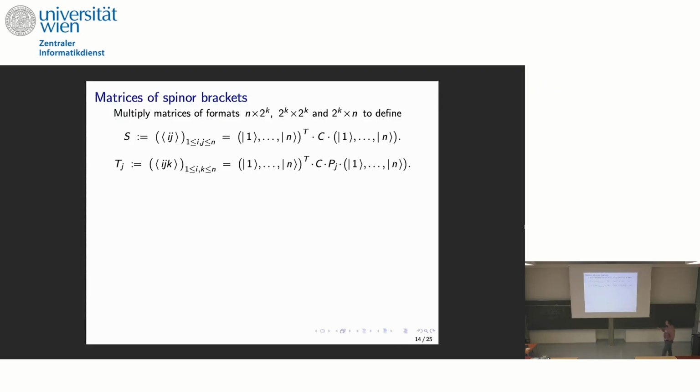Let me write S for the matrix whose entries are the spinor brackets ij. So S is the n by n matrix whose entry in row i and column j is the order 2 spinor bracket ij. And the triple ones, I can think about them as a tensor. So T_ij is the jth slice of this tensor. That's an n by n matrix, which is written in this low rank factorization.